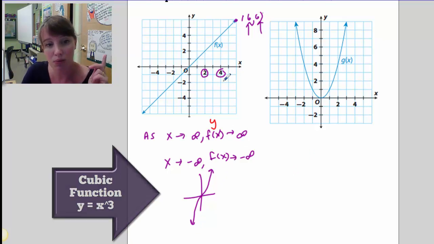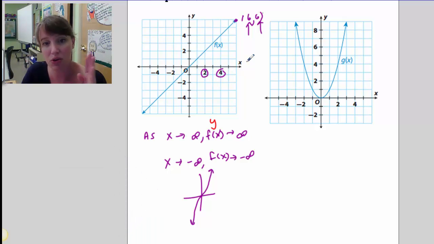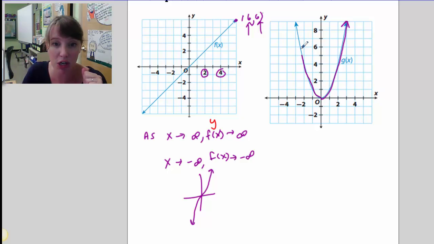We can determine the difference between linear and quadratic, for instance, using this end behavior. Because for quadratic, as x gets larger and larger, for this branch right here, y increases as x increases. But for this branch right here, something very strange happens. As x gets smaller and smaller, as x goes to negative infinity, f of x also goes to infinity.